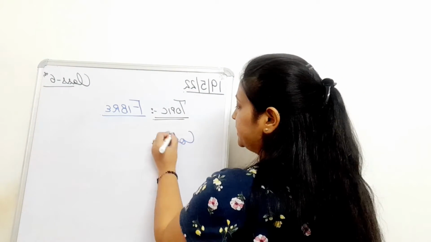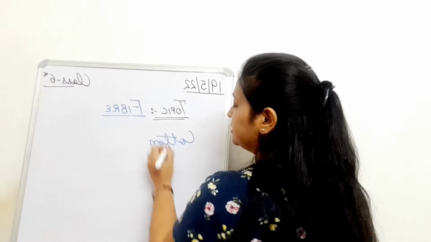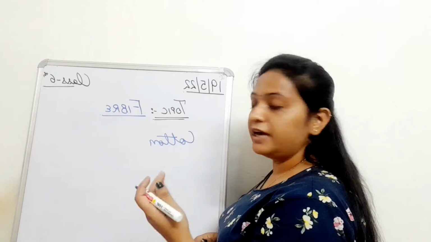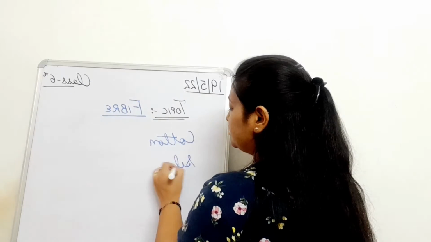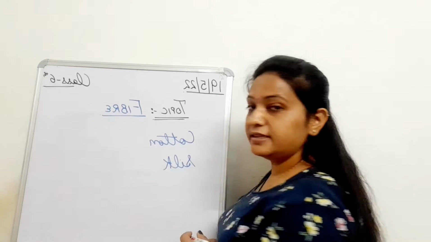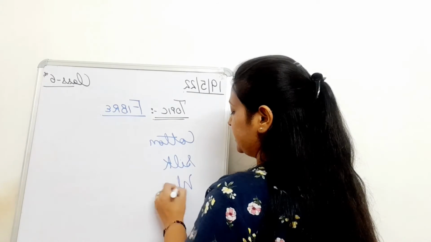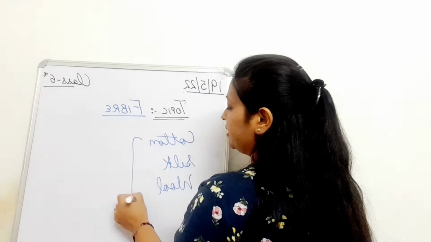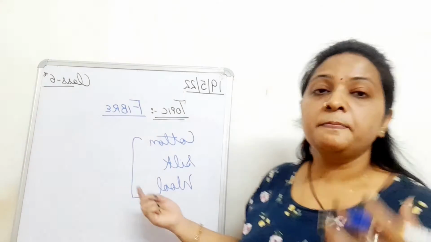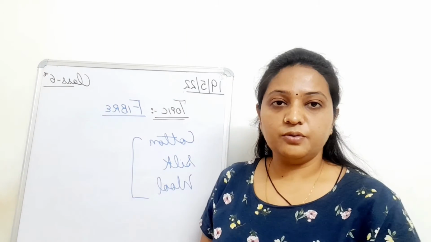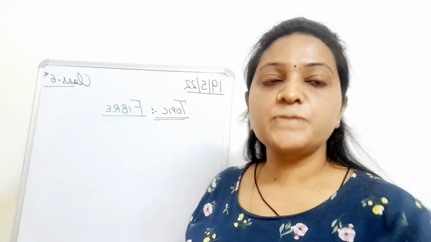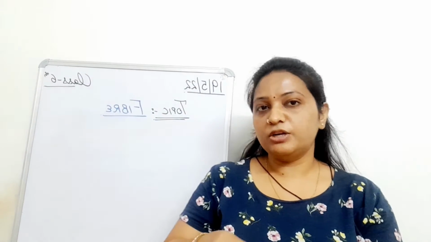Yes, cotton, very good, students. Apart from them, we have seen silk, very good. Yes, wool. These are the fabrics which we have seen in the video. Again, I am asking you one question.